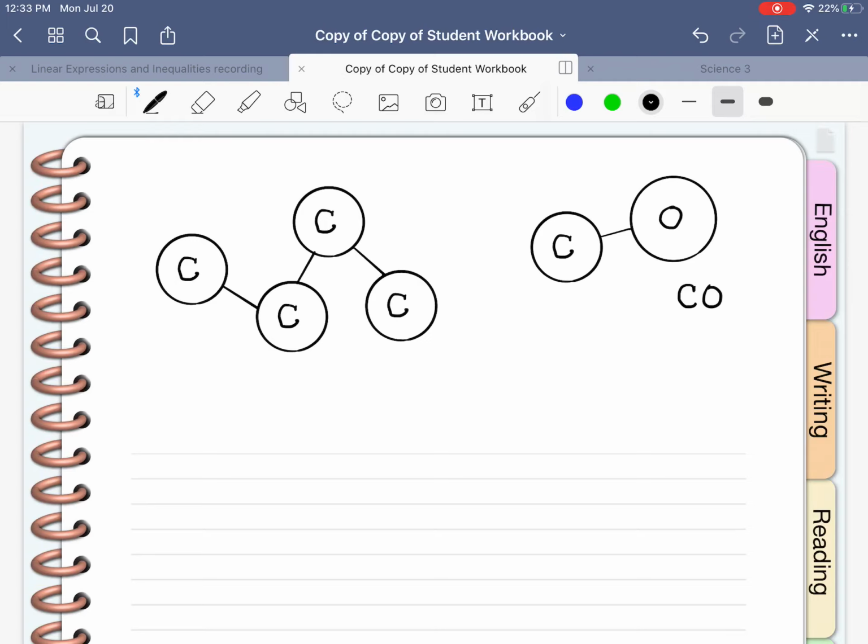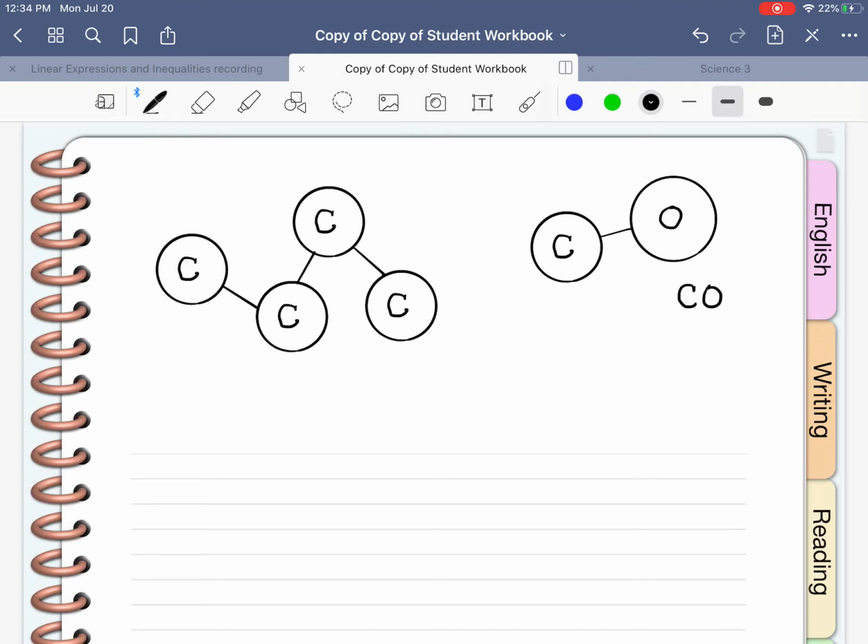This is a deadly gas if you happen to be around combustion, burning, car exhaust. Carbon monoxide is a silent killer. You have this problem in mines. Miners are exposed to carbon monoxide.